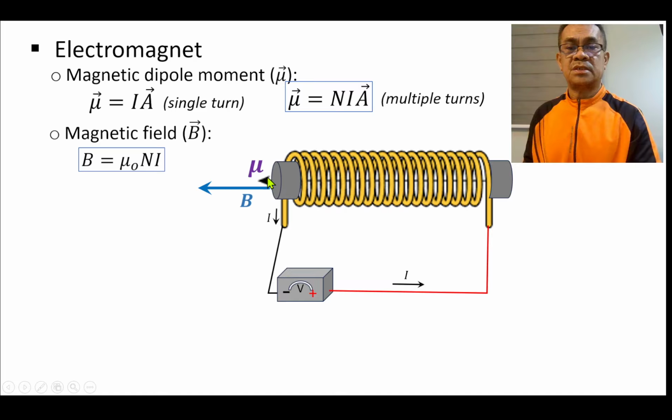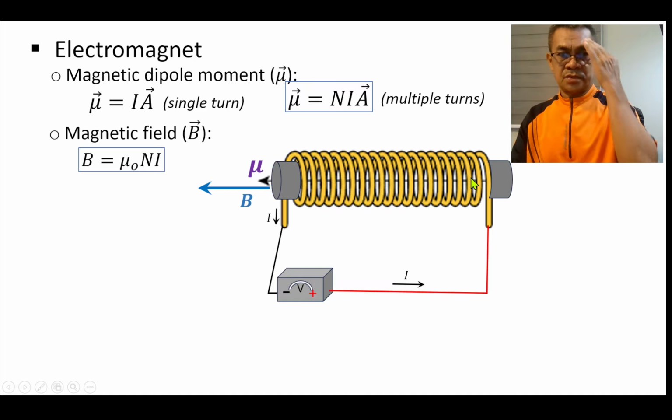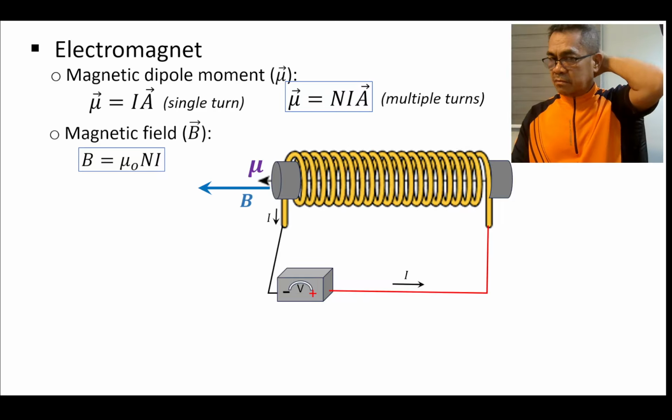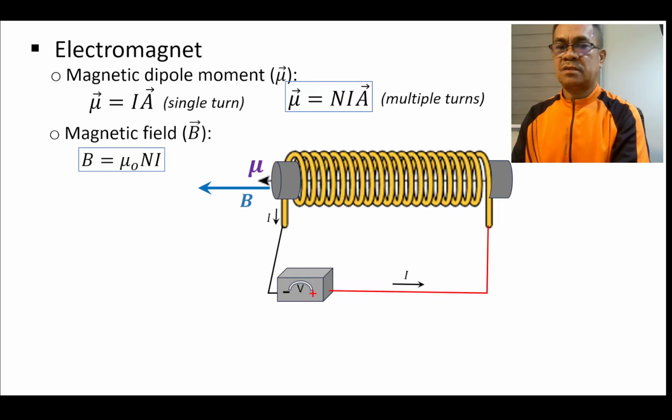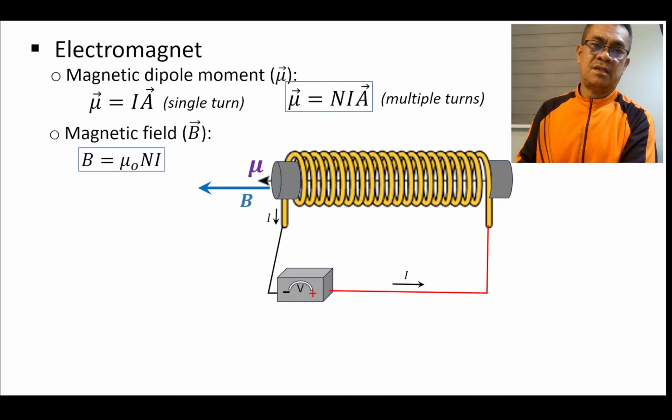It produces a dipole moment, which provides the magnetic field from the electromagnet. Then that effect of magnetism will stay on the iron core temporarily, strengthened. So the purpose of the iron core here is not just to align the solenoid. The main purpose is to store the magnetic effect with time.